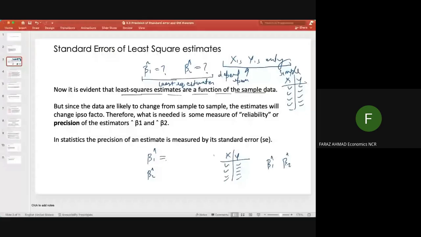So once you have calculated your beta 1 hat and beta 2 hat, because they change from sample to sample, you need to have some measure of precision.